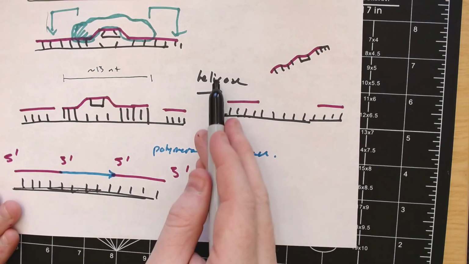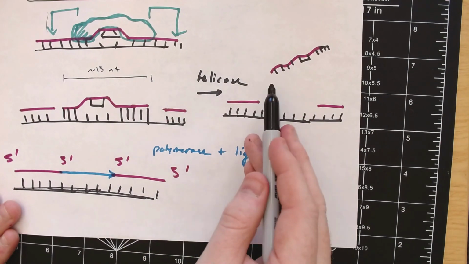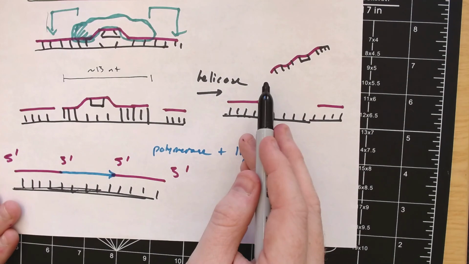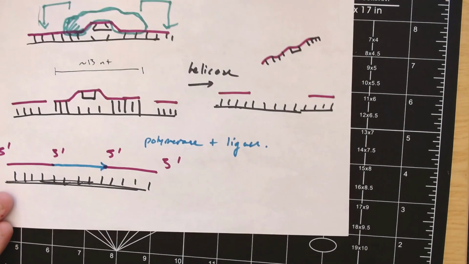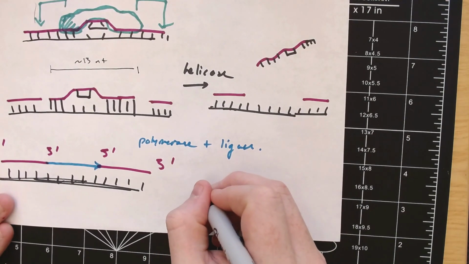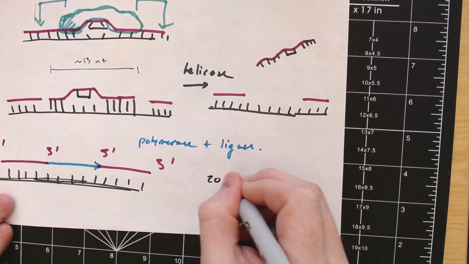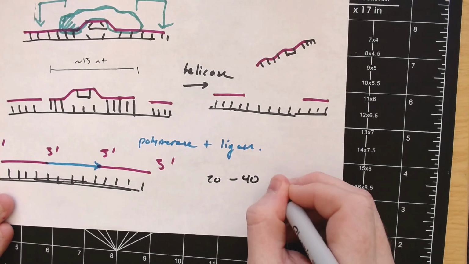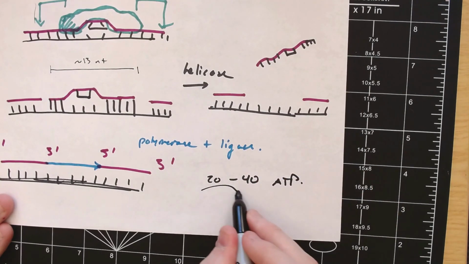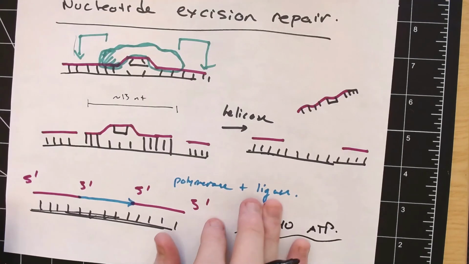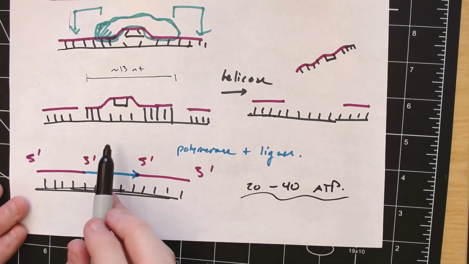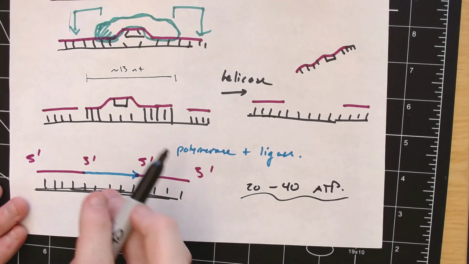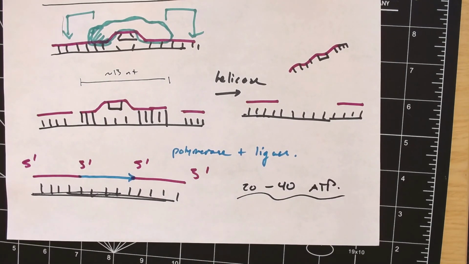The helicase activity is going to require some energy, so some nucleotides are going to be burned there. And the ligase activity will also need ATP. So you're looking at somewhere between 20 to 40 ATP to fix this mistake. Now these aren't numbers that you need to memorize. They're just kind of back of the envelope calculations that come from looking at what's going on here.